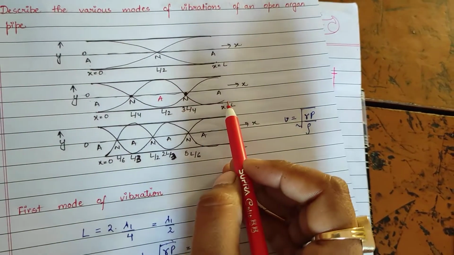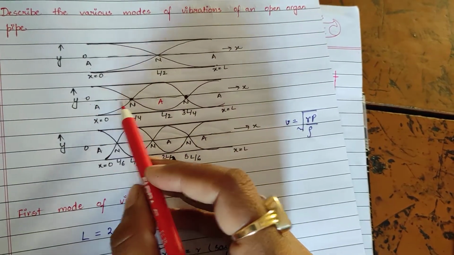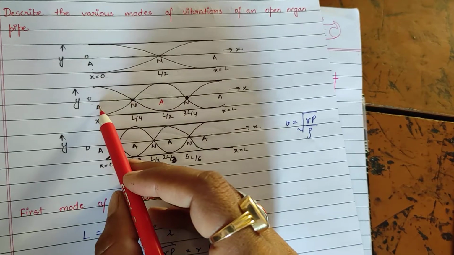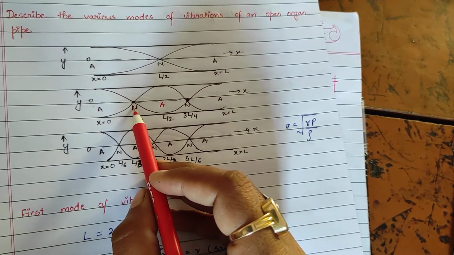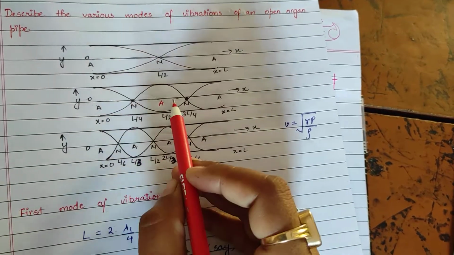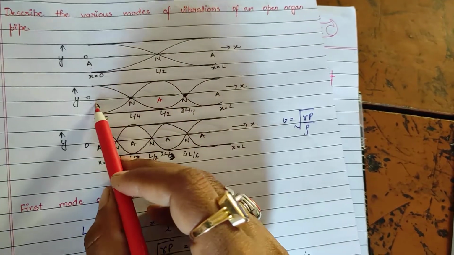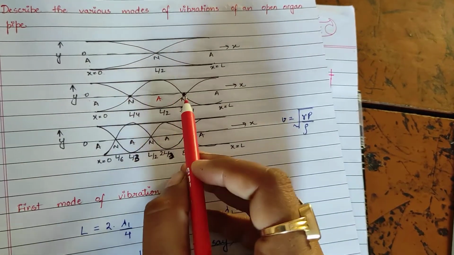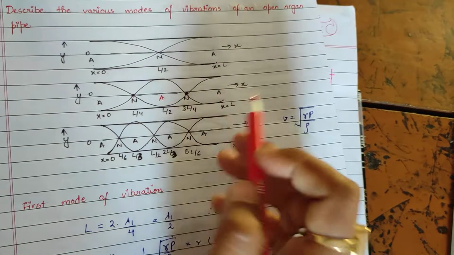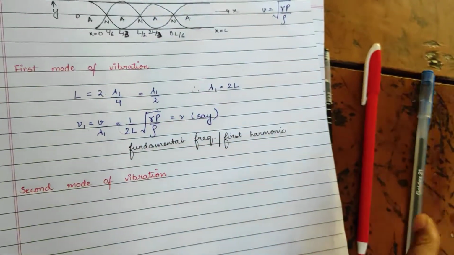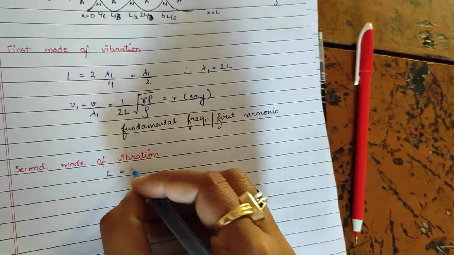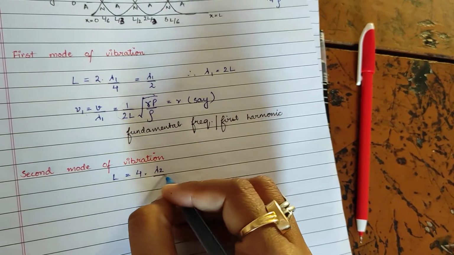What will be the total length? The distance between antinode and node is lambda by 4, and there are a total of 4 such repetitions: antinode to node, node to antinode, antinode to node, and node to antinode. So we can write L is equal to 4 times lambda by 4.